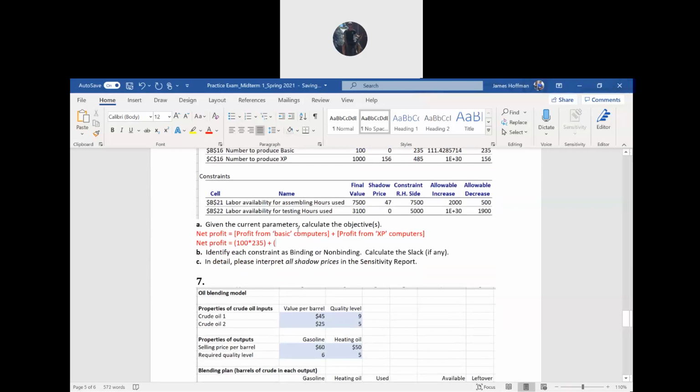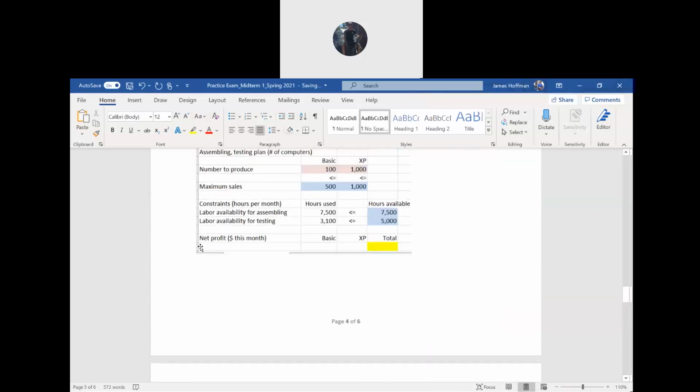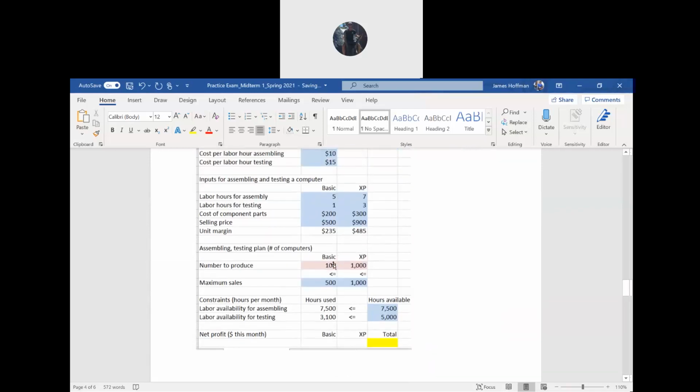Okay, so 100 times 235 for the basic. For the XP, you make 1,000 and you get 485 per computer. So it's going to be 1,000 times 485.